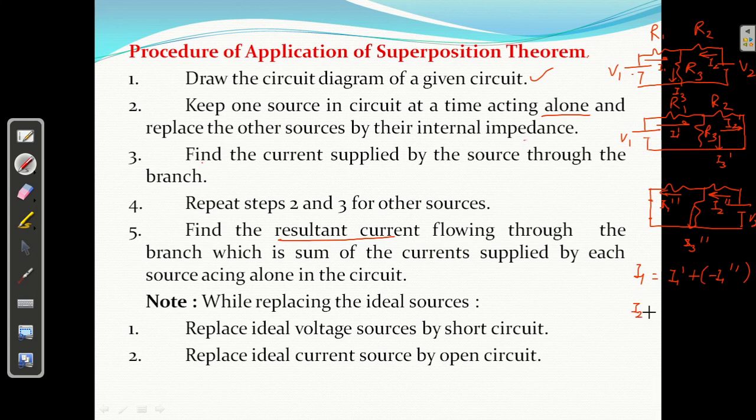Similarly I2 equals I2 double dash, same direction, but I2 single dash is opposite. I3 equals I3 dash, same direction, I3 double dash is also the same direction, so I3 dash plus I3 double dash. So this is the way we can find the answer.